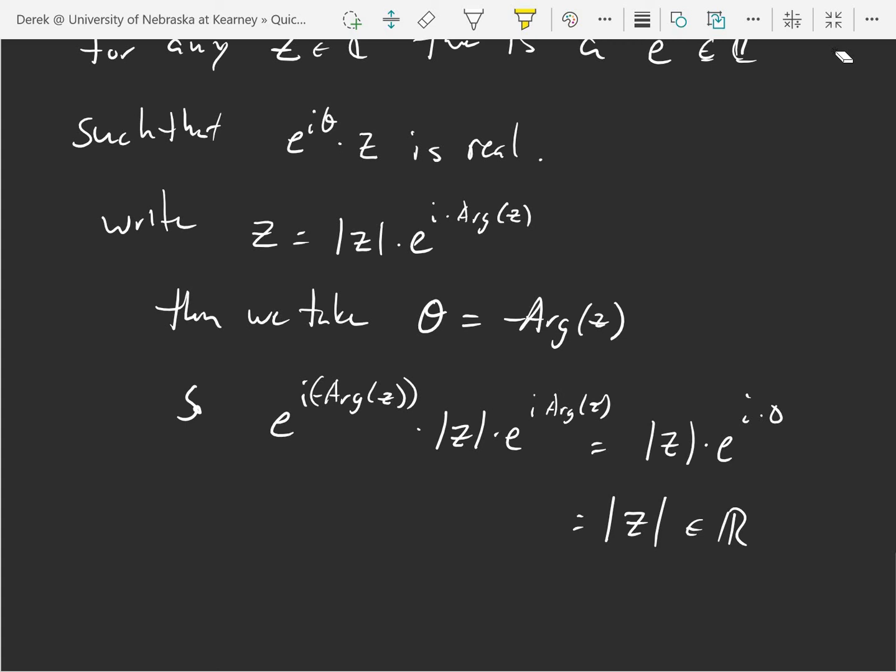It's actually real and positive. I could get a real and negative from doing the same sort of idea. Instead of solving that I want theta plus the argument to be 0, I want theta plus the argument to be pi.